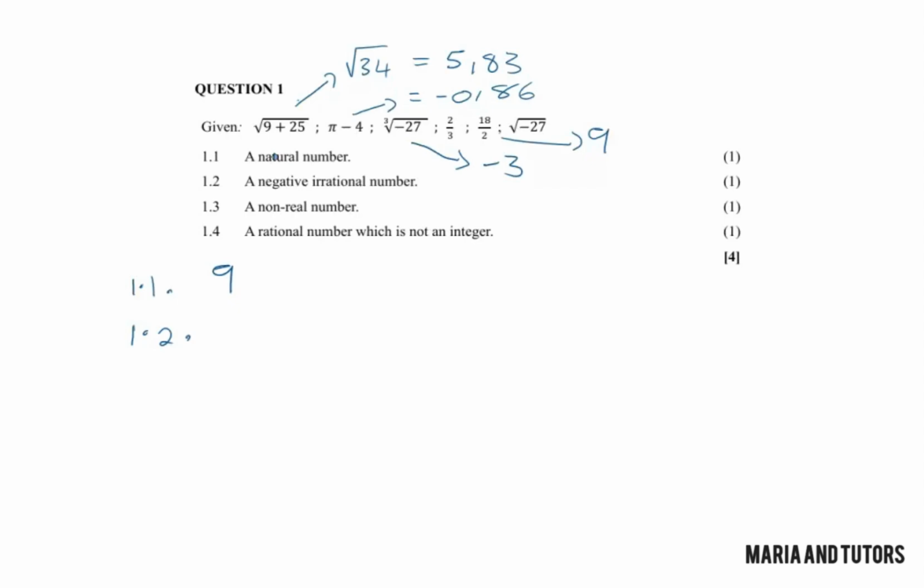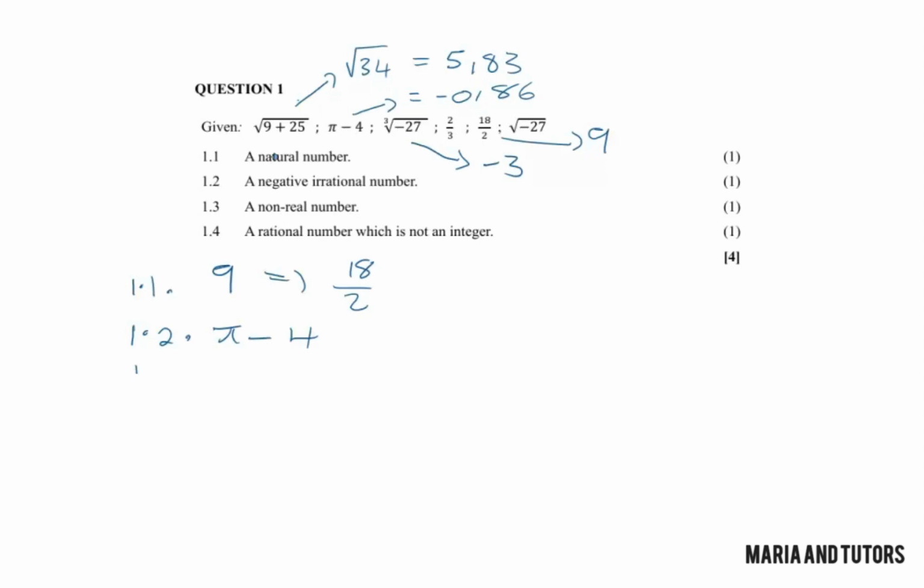So in this case, a negative irrational number is pi minus 4, which is equal to negative 0.86. Don't forget, the other negative, 18 over 2, is not irrational. So the answer for 1.2, where we are required to identify a negative irrational number, is pi minus 4.